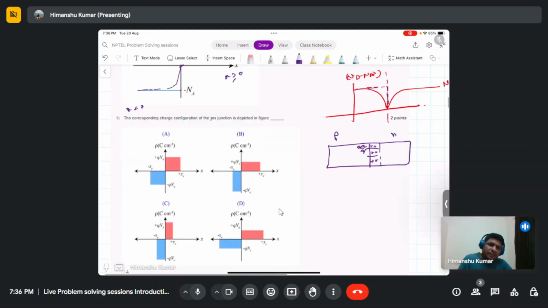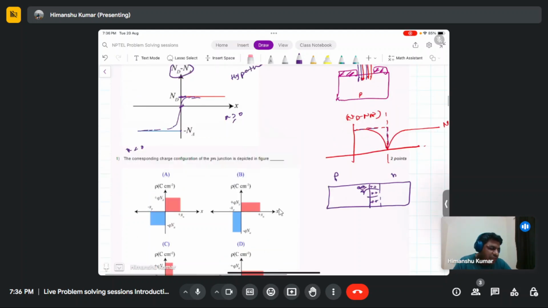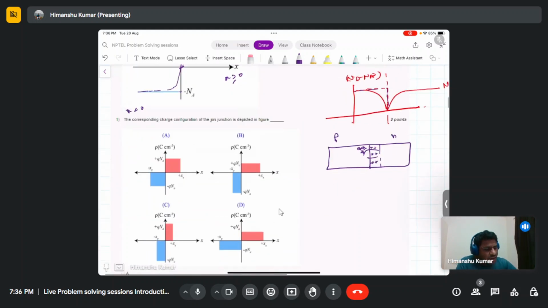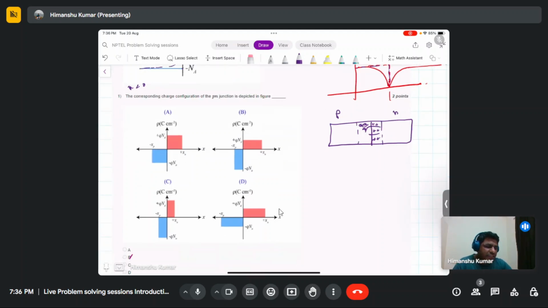This means you will have more doping in the p side and less doping in the n side. For an ideal junction you should maintain the charge neutrality condition, and that leads to N_D times x_n equals N_A times x_p.